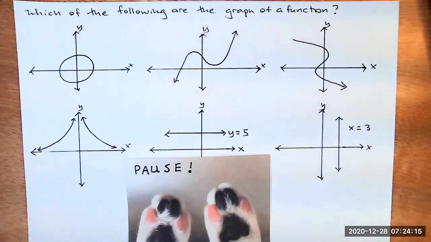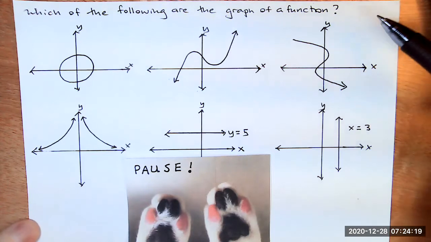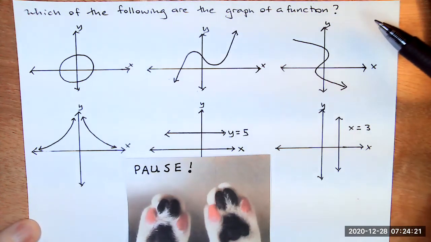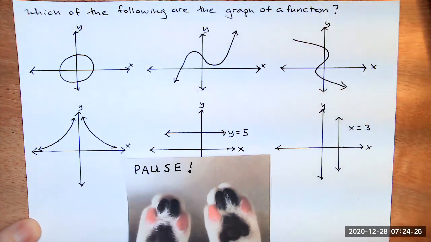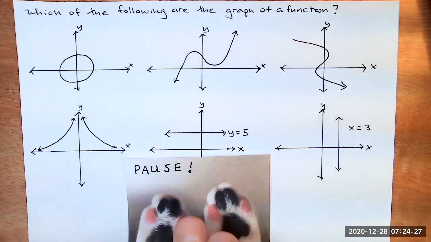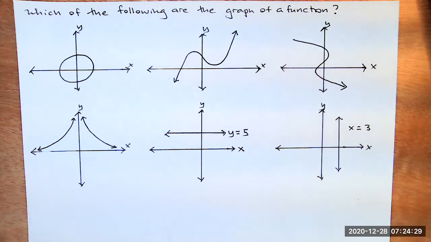All right, this would be a good time to hit the pause button and answer the following question. Which of these graphs are functions? So they're all relations, but which ones are functions? So we check the vertical line test. If a vertical line passes through it more than once, then it is a relation.